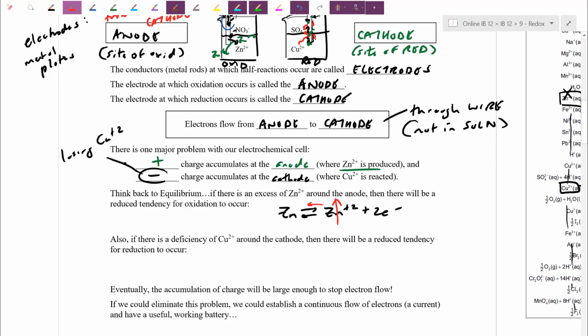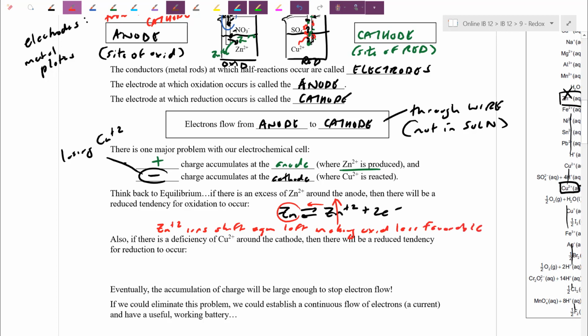It's going to prevent the zinc from oxidizing any further. So let's write that down in words here. The Zn+2 ions shift the equilibrium left, making the oxidation less favorable.